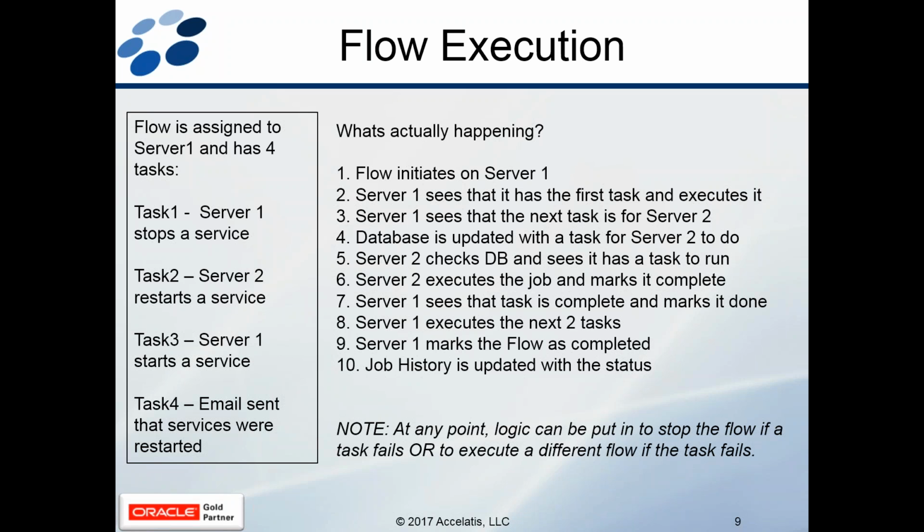They only talk to the database. So it uses the database as a pivot point when you have multiple servers involved in a particular flow. And I just wanted to point out that at any point in this logic, you can tell a task to completely exit the flow or do something different if it fails, but we're not going to cover that today.